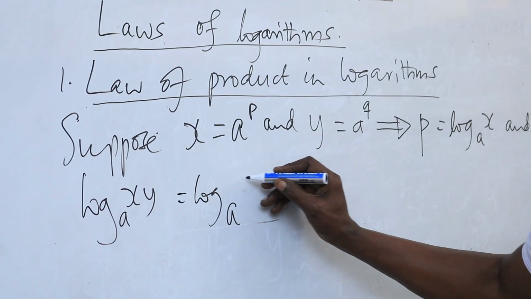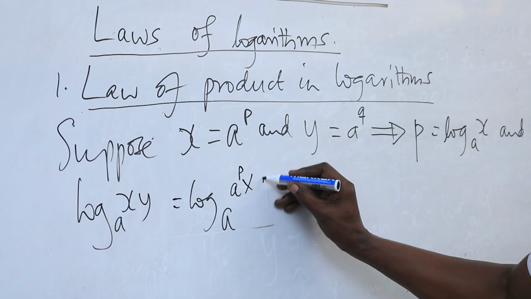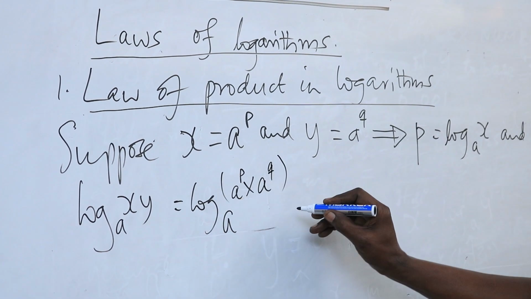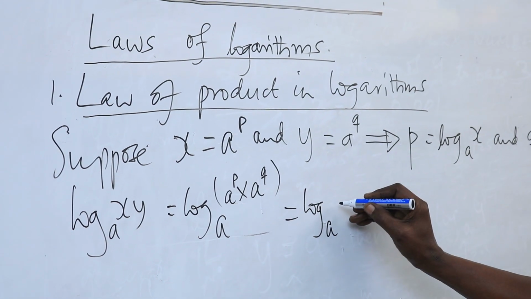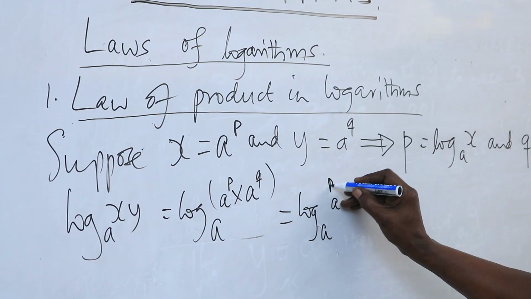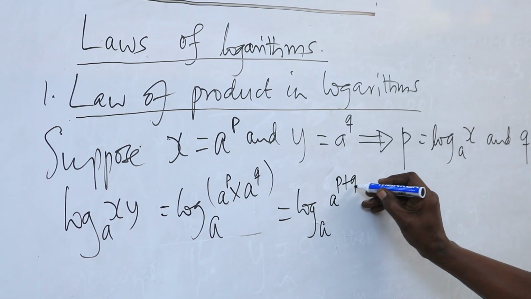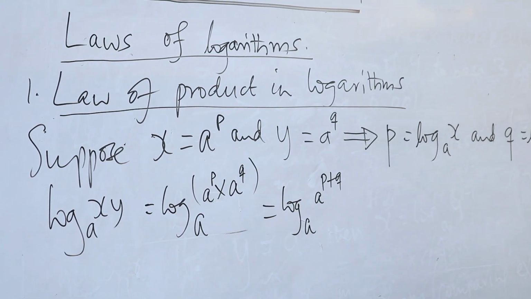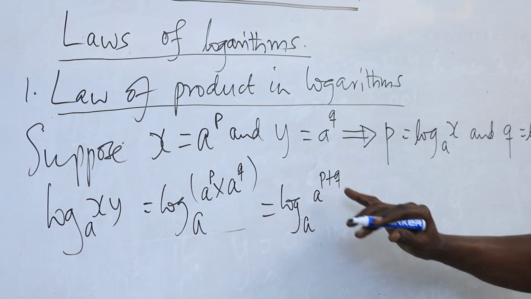Instead of x, we can write a exponent p times a exponent q. But this can simplify into logarithm of a exponent p plus q, p plus q. Here, a exponent p times a exponent q is a exponent p plus q.